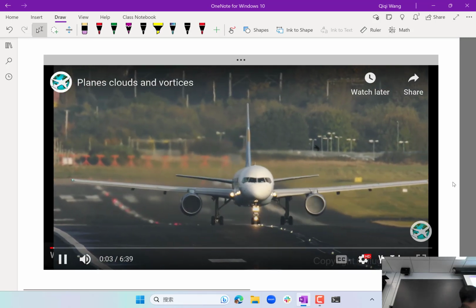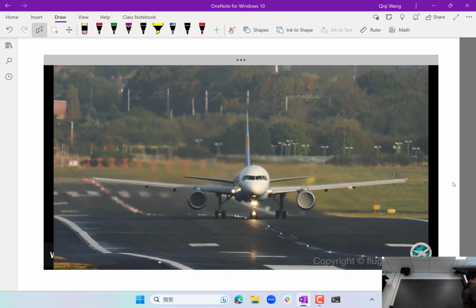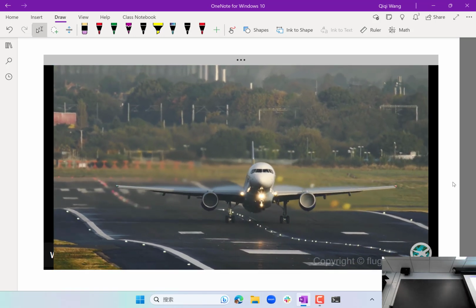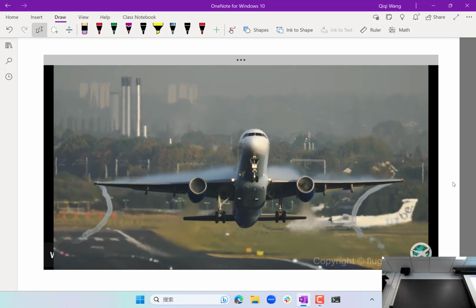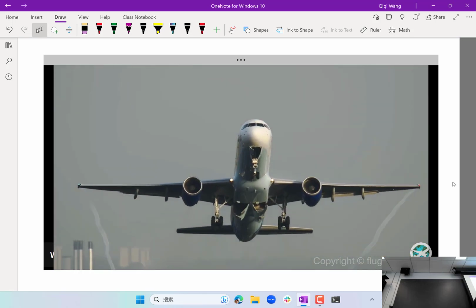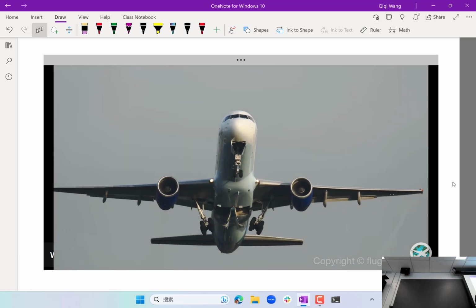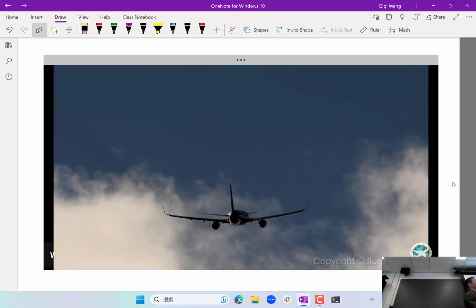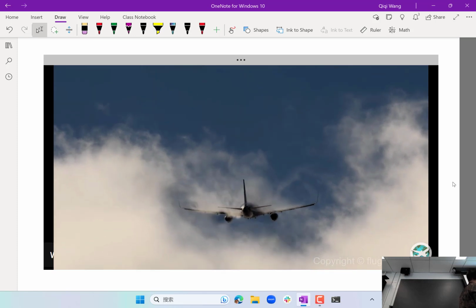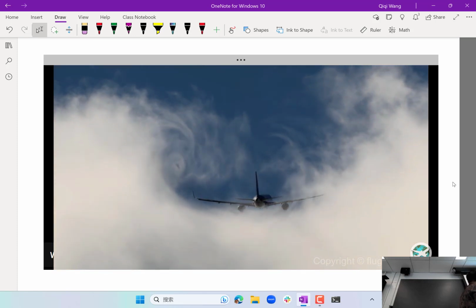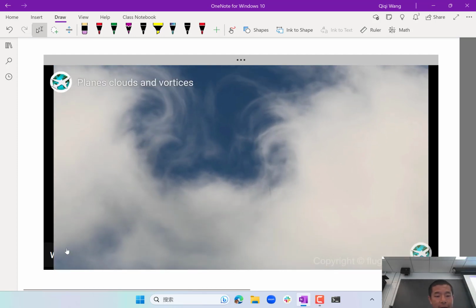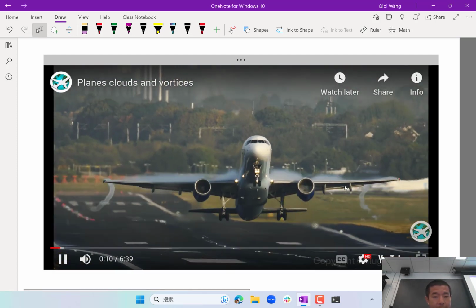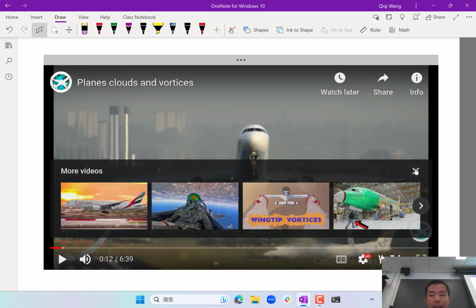Okay, so this is the airplane taking off. The vortices are not coming from the tip, but from the end of the flap. This one actually comes from the tip. So you see the vortex going in and going down, right in the beginning. This is much harder to see, but if you look at the very beginning of the airplane, it's quite obvious.